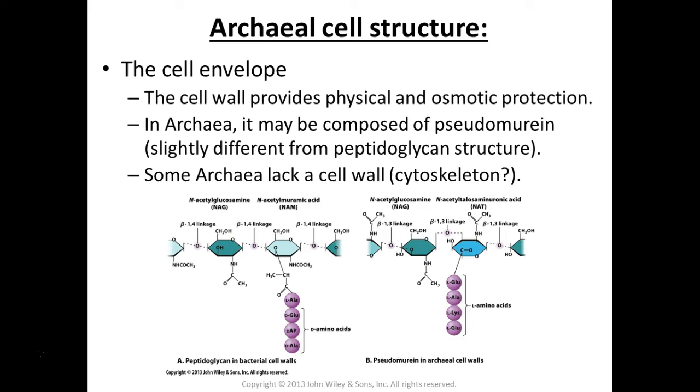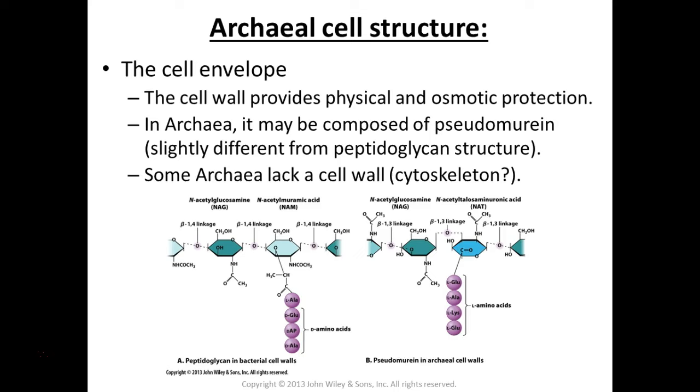So then when we get to Archaea, notice one of the differences is this tetrapeptide. In bacteria, as I said, most of the amino acids are the D form, but for Archaea, it's the L form of the amino acid, the one that we see the most in organisms.